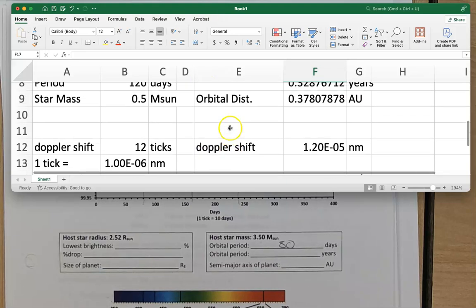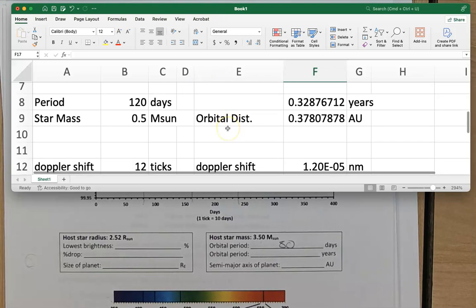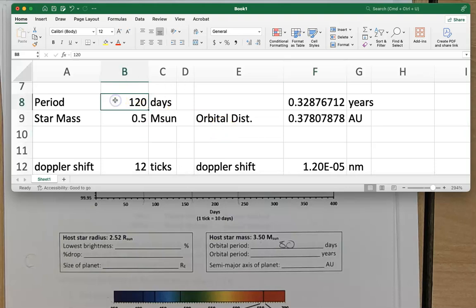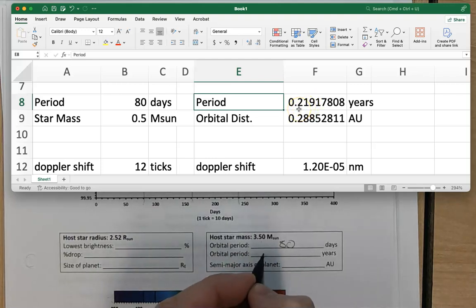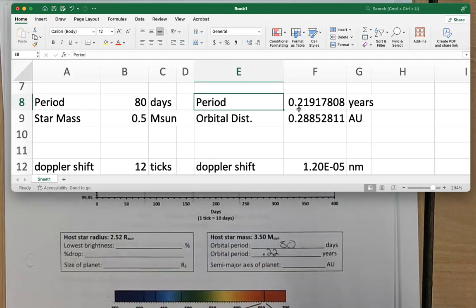Let me go back to my equations for the transit method. 80 days, I'm going to label this also. The period is 0.22 years.